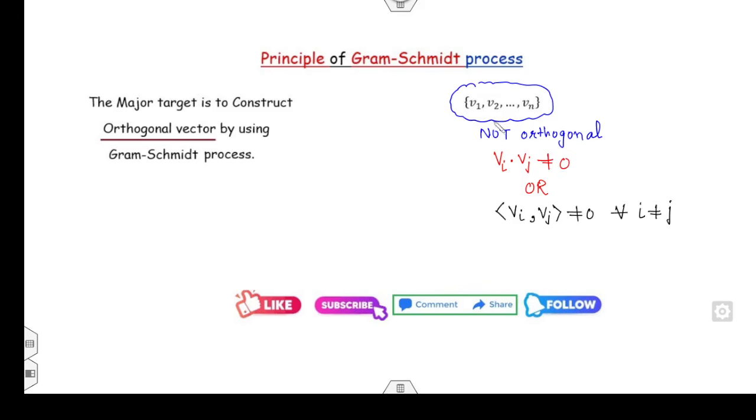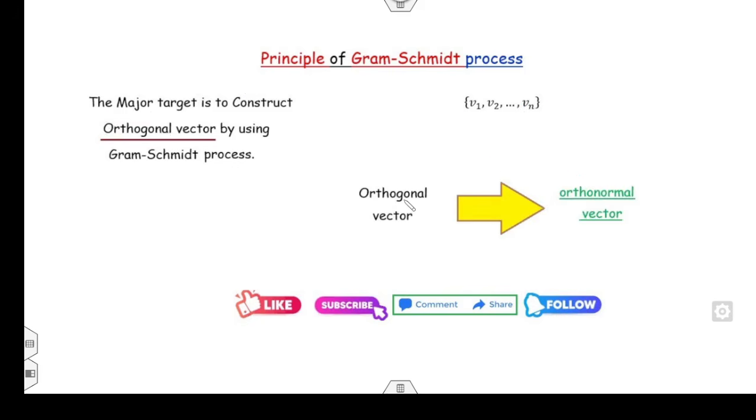Then your target is to convert the given set of vectors to orthogonal vectors, and the principle we use to convert the non-orthogonal vectors to orthogonal vectors is the Gram-Schmidt process. And we all know, once we know the orthogonal vectors, we can easily convert them into orthonormal vectors.